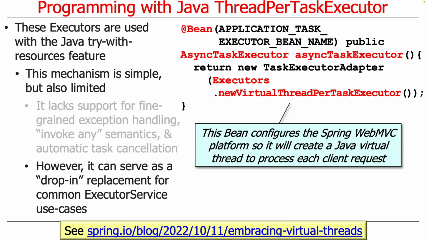So for example, if you start looking at the new assignments that are coming out of the examples we're going to be talking about in class that use Spring, you're going to see that in the application files, there'll be this bean annotation, which basically says, Spring, please use the Executors.newVirtualThreadPerTaskExecutor mechanism to create a new virtual thread for each incoming client request, as opposed to doing what traditionally was done with Spring, which was to pool threads in a thread pool. So you can very easily and transparently configure in these new capabilities by using beans and the Executors.newVirtualThreadPerTaskExecutor mechanism. So that's kind of cool.